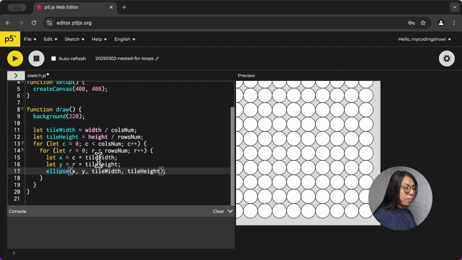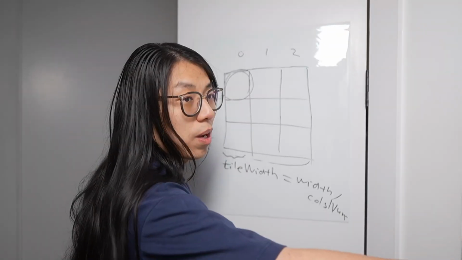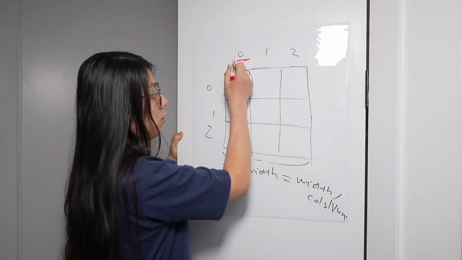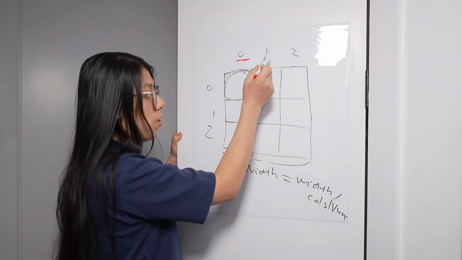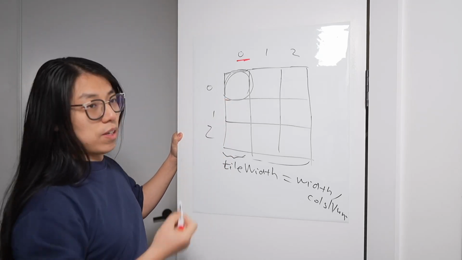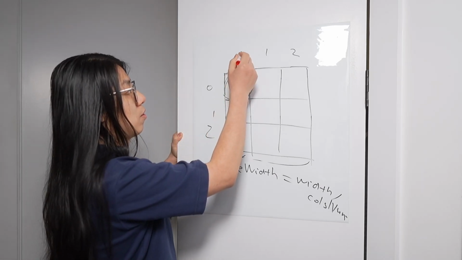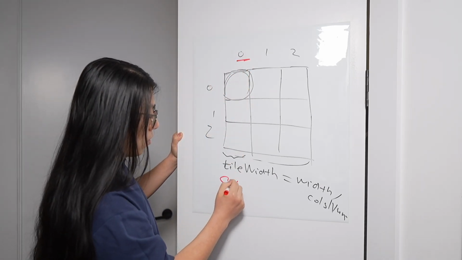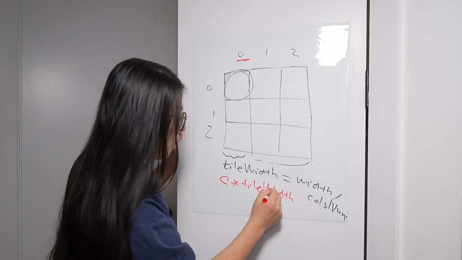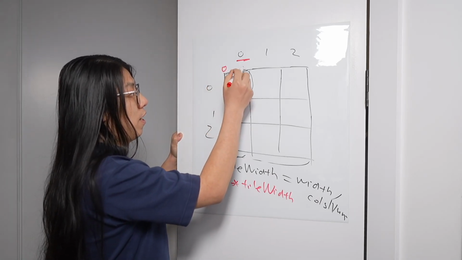And again, let's get back to the whiteboard here. Right now the way we are calculating x, this is c, because c starts from 0 and becomes 1, 2, 3, 4 and so on, and the row number 0, 1, 2, 3, 4, 5, 6, and so on. So when we use c times tile width, what we get is starting from 0, and this is tile width.